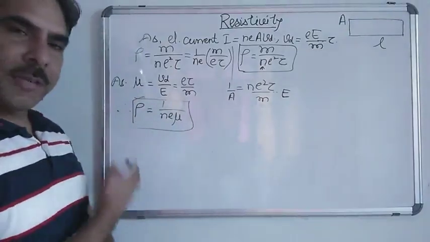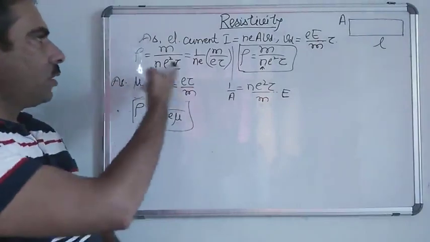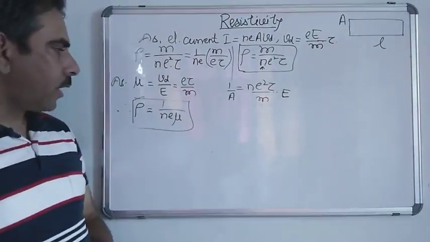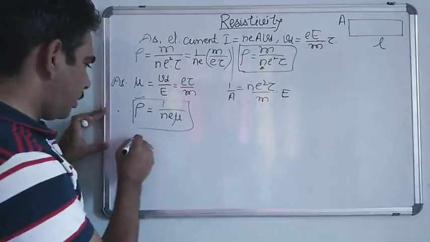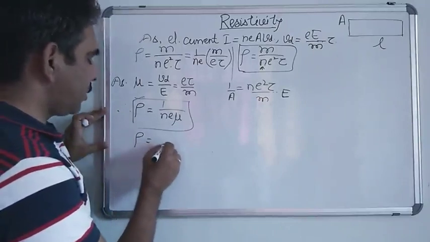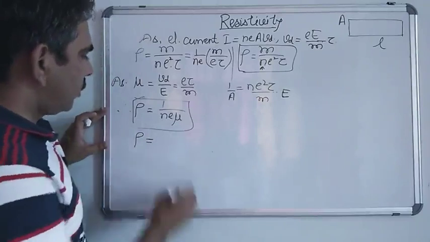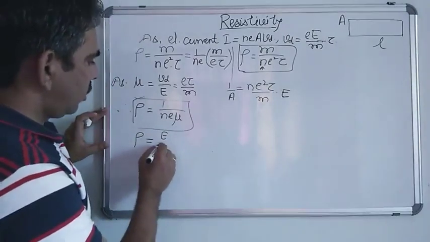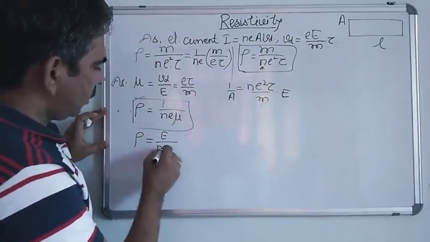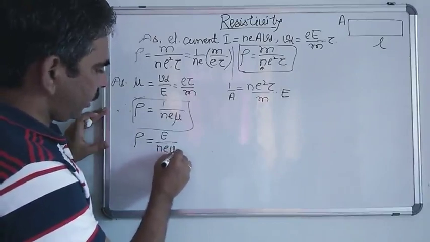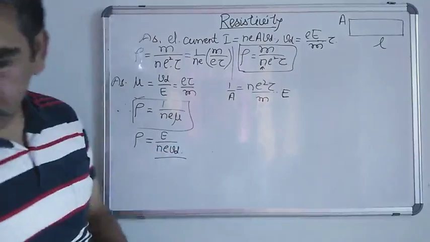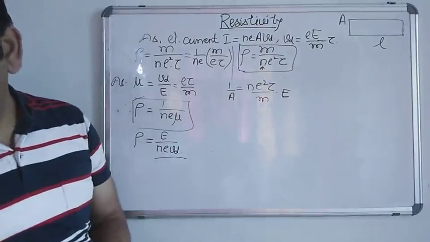You can also put the same expression in terms of drift velocity. In terms of drift velocity, resistivity is nothing but E upon n e Vd, right?